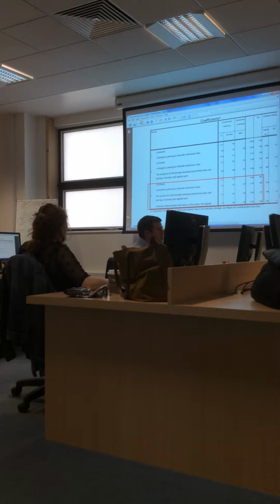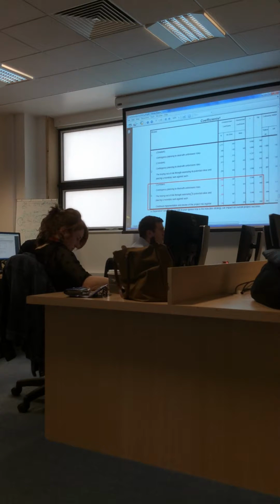So project success can be explained by the constant, which is 0.1649, plus 0.29 of contingency planning, plus 0.226 of buying out of risk, plus 0.184 of continual implementation, plus an error term, which we can define because our Durbin-Watson is around the value of 2.